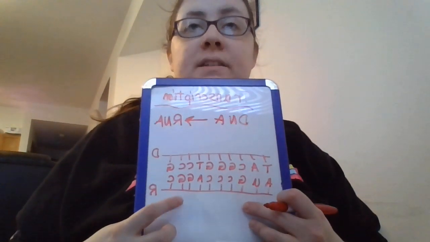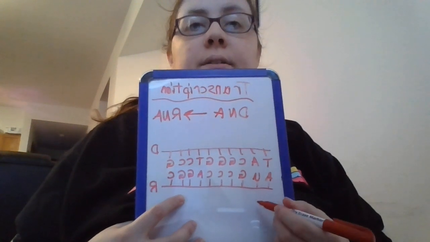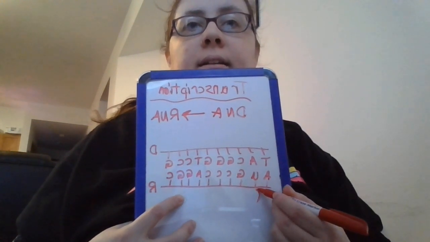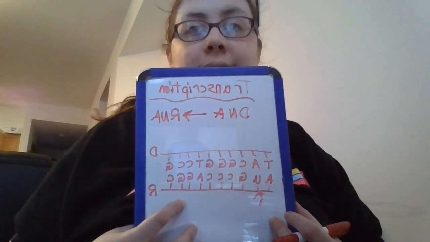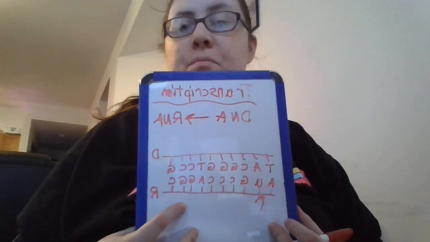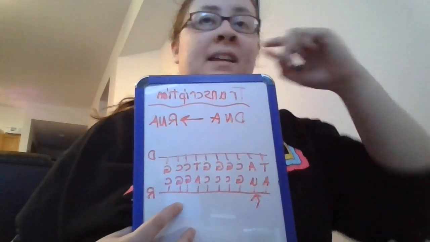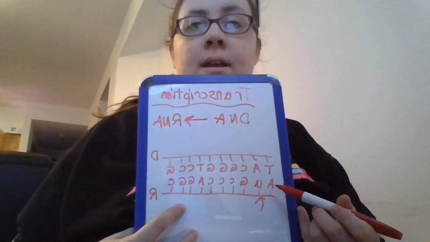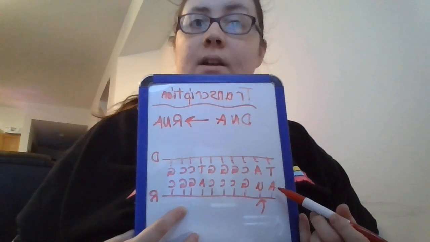So this is the piece of RNA that's made. Over here, if you look, right up here, we have a U instead of a T. This particular stretch that I drew just doesn't happen to have any other U's, but if there were more A's up here, there'd be more U's down here. It's important to note, if there's a T in the DNA, there's still an A in the RNA.